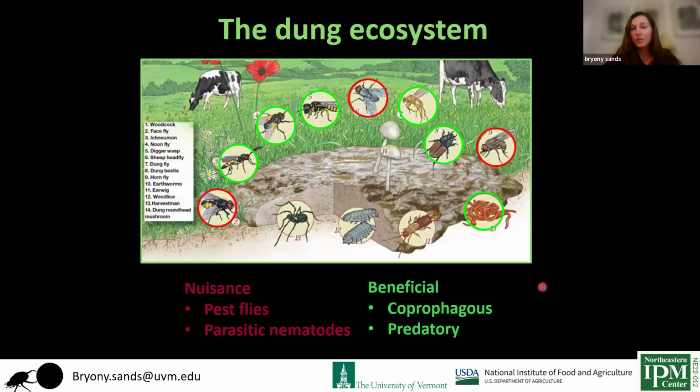And then we have other organisms that are predatory, for example mites, which are known to predate things like parasitic worms. So they are really important in providing a natural suppression of pests and parasites on pastures. I do just want you to bear in mind when we're going through this webinar that there are things in the manure that we want to be protecting, as well as the pests and parasites there.